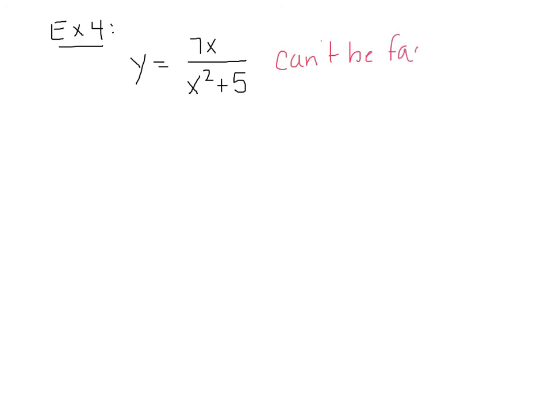So now we just need to list our vertical asymptote and the holes. Okay, well, the vertical asymptote is going to come from setting the denominator equal to 0. So if I do x squared plus 5 equal to 0, to solve for x I would have to subtract 5, and then I would have to take the square root of it.